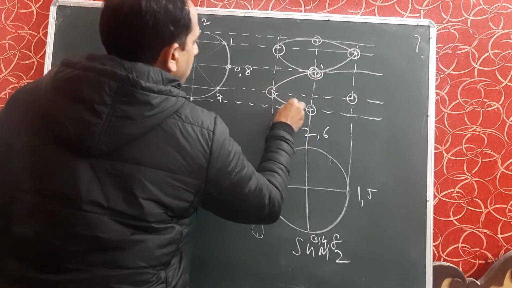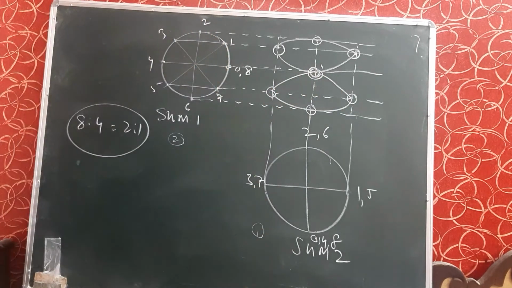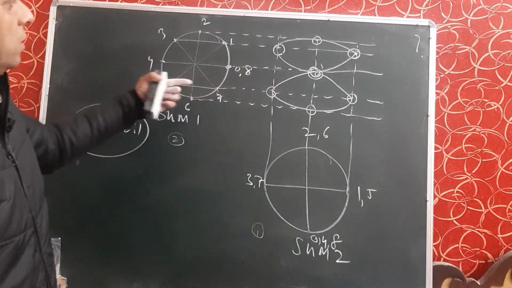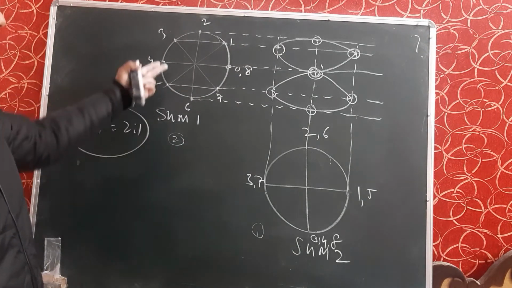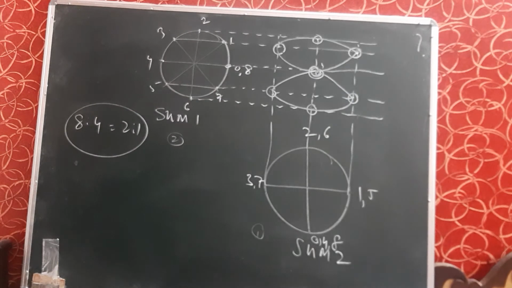So again we get this type of result. So this figure of 8, we can obtain the 2 loops when the frequency ratio or time period ratio is 1:2. So this is the graphical representation of 2 SHM with the time period ratio 1:2 or 2:1.